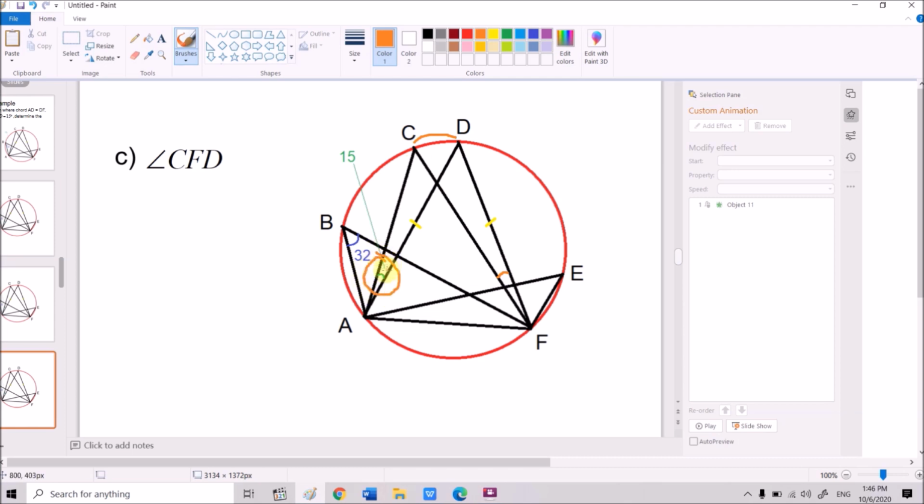This angle is also subtended by the same arc CD, because of this line and this line, same arc CD. Hence, this angle here equals this angle, which is also 15. Hence, CFD is also 15.